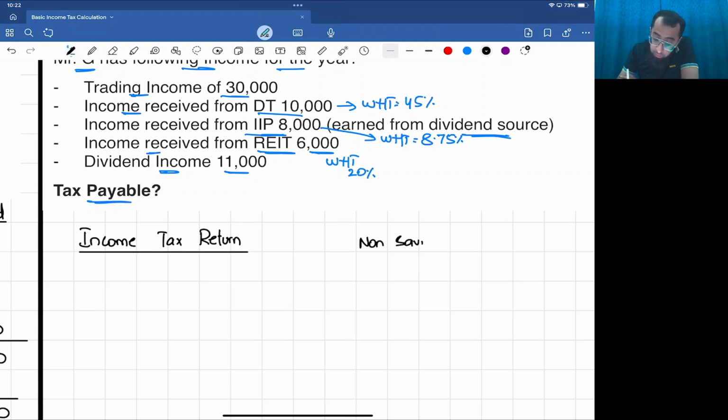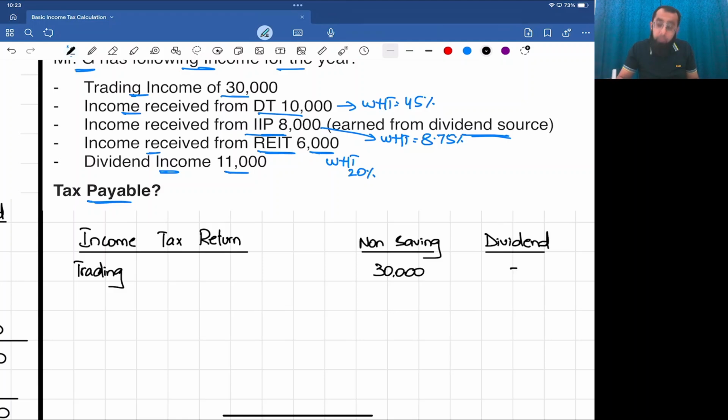You have non-saving, and the other head is dividend income. Okay, here you go, non-saving and dividend. Trading income goes in non-saving simply. Trading income 30,000 goes in non-saving.